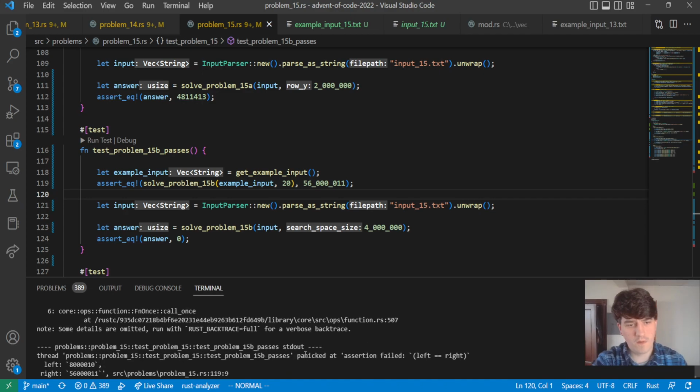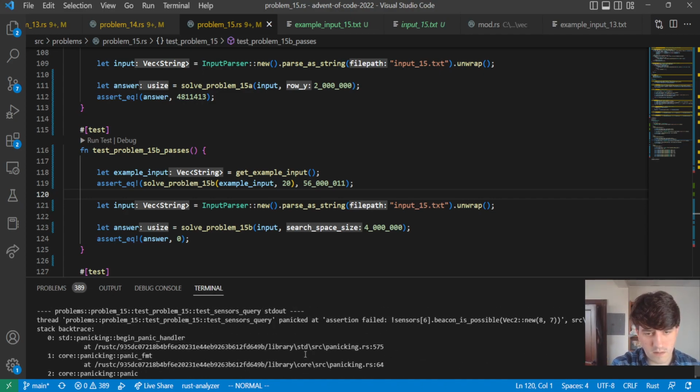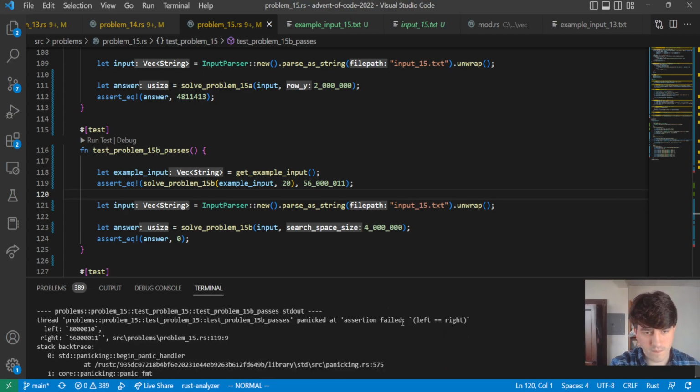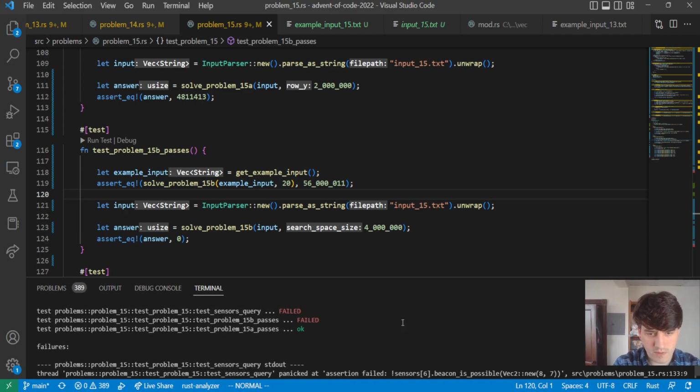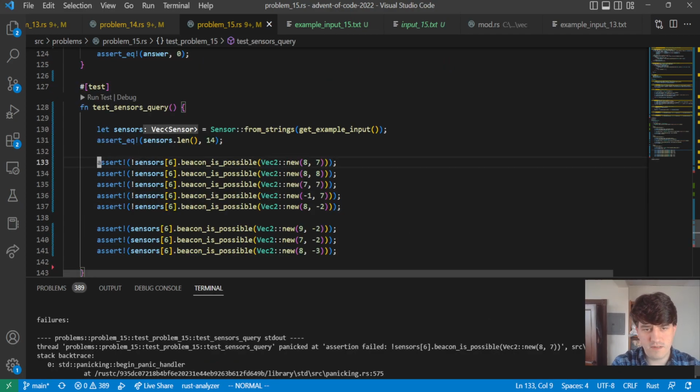Okay. So our query is failing, which I wouldn't expect. Sensors. Somehow we changed our answer. Oh, we changed our answer just because we sorted these. That's slightly annoying.